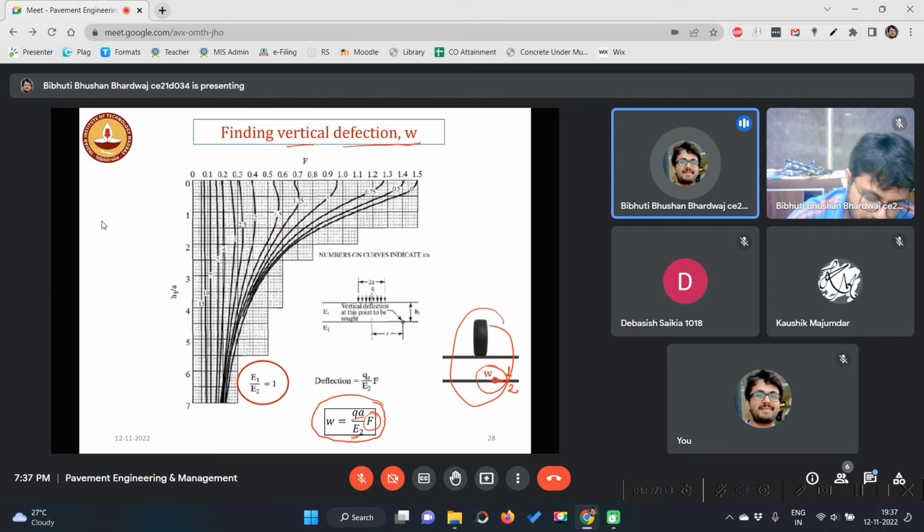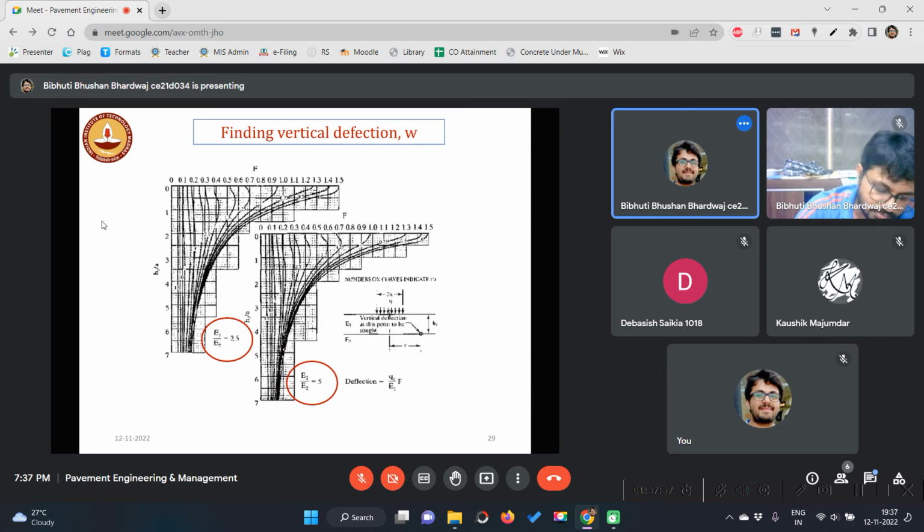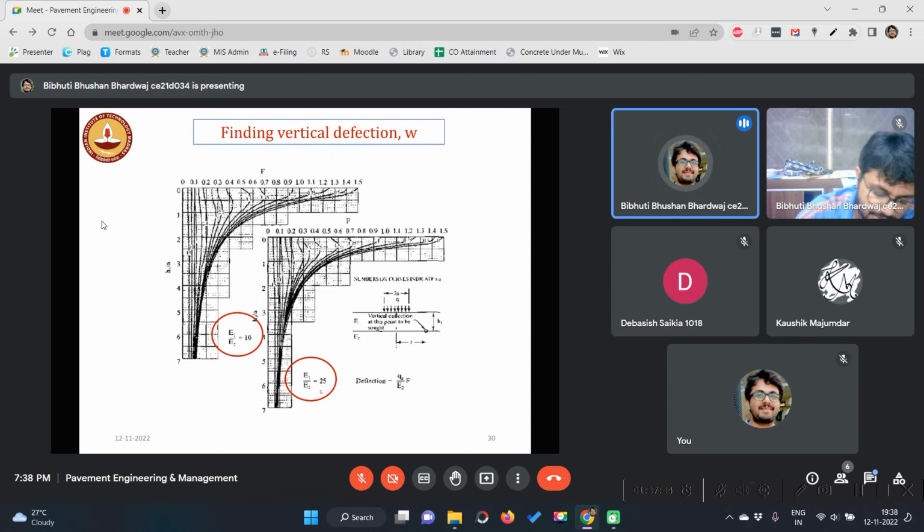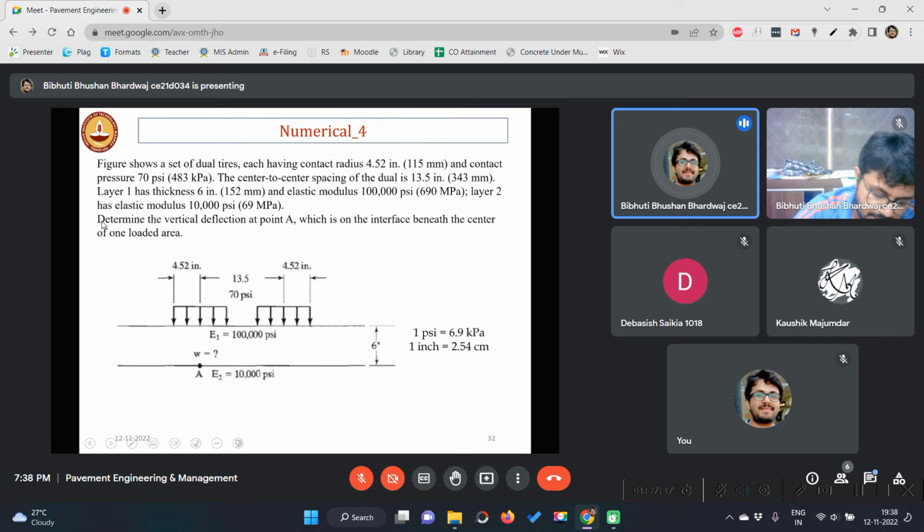Here lots of curves are there, and you have to observe this value. This graph is for E1 by E2 equal to 1, that means same material. Both materials may not be the same, but the elastic modulus is the same. This is for 2.5, for 5, 10, 25, 50, 100, like that. Now we'll solve this numerical.